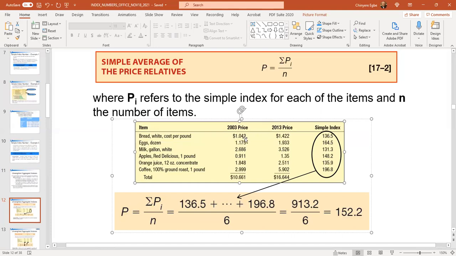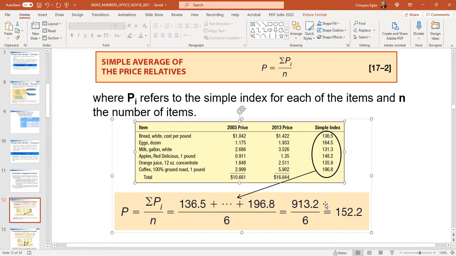The price here is $1.42. And so if you divide $1.42 over $1.04, you get 136 or 1.36. Okay. And you do the same thing. You divide $1.93 by $17.5, you get 16.4. So when you add all of that together, there are 6 goods here. Okay.